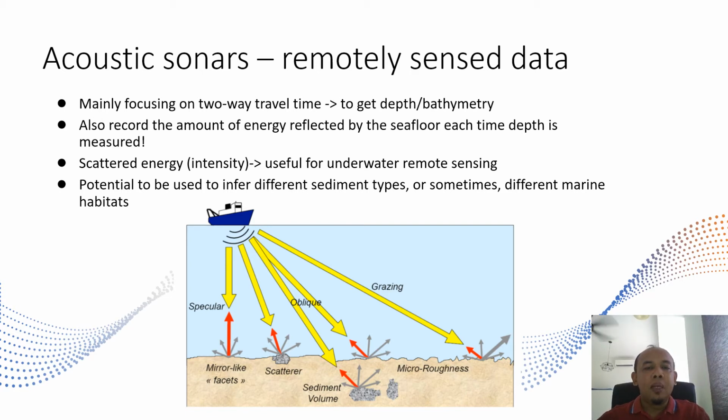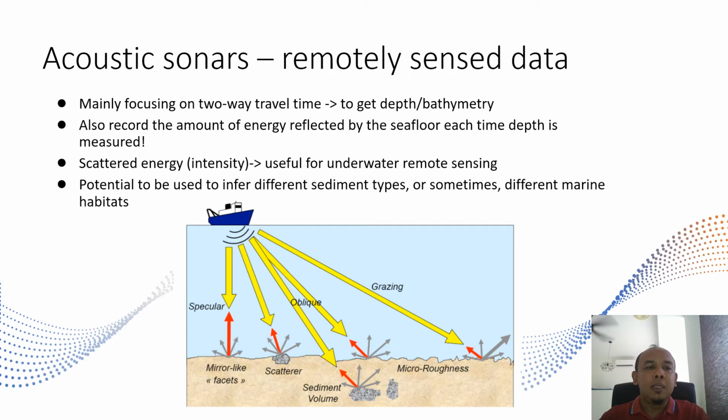Most of the latest manufacturers also have options to get the seafloor reflected energy, or what they call the seafloor intensity or seafloor image, which is quite useful for underwater remote sensing.